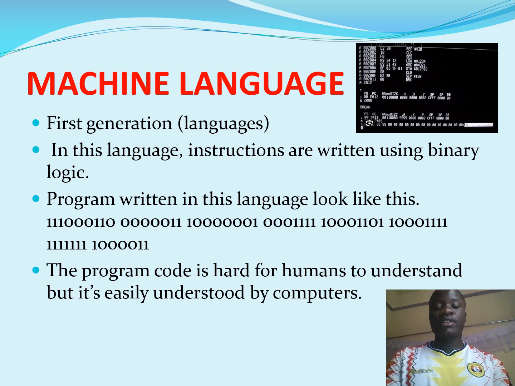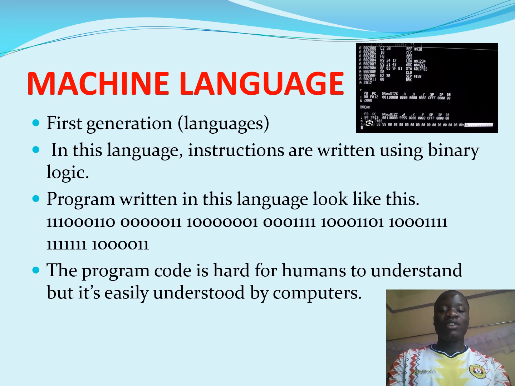The program code is hard for humans to understand, but it is easily understood by the computer. It is true that this machine language, under low-level language, is hard for someone to understand. Looking at this point, the fourth one, you can see 111 000 110.